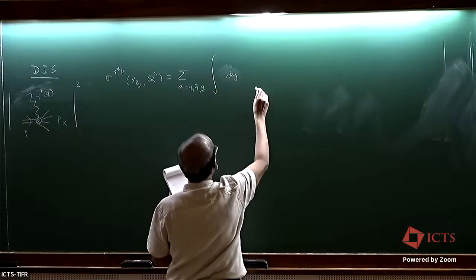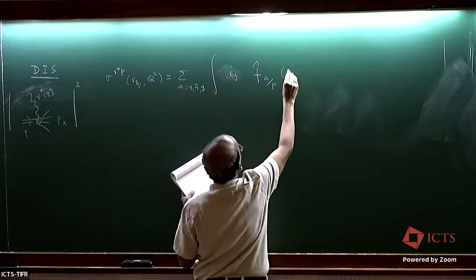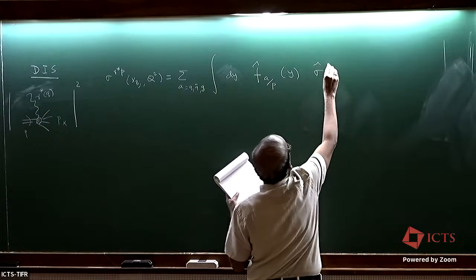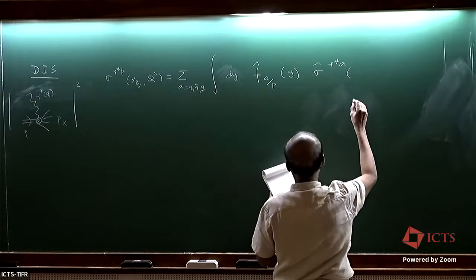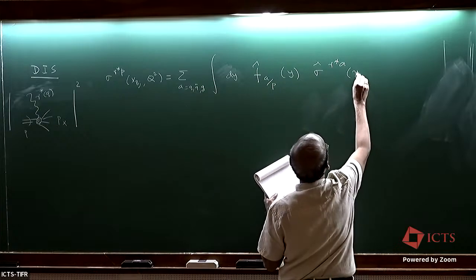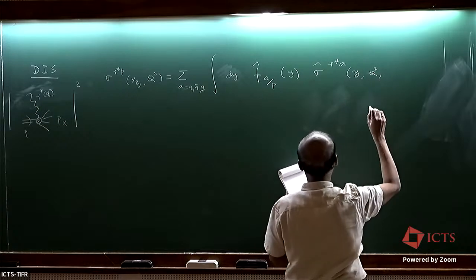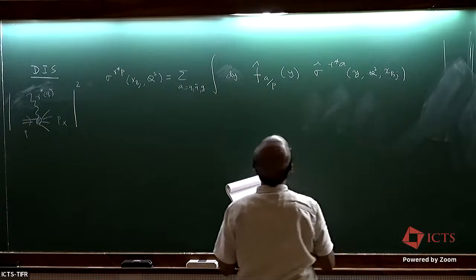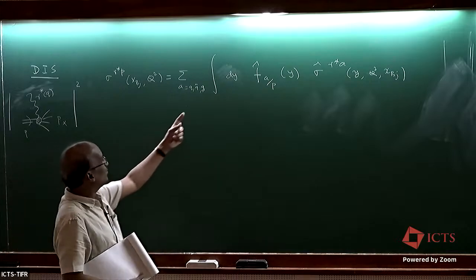This is my parton model, with sigma gamma star A as a function of y, Q square, x Bjorken. So I just added one more person in the train.